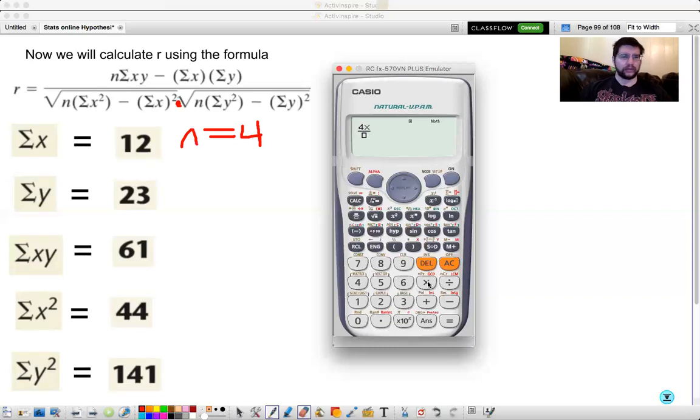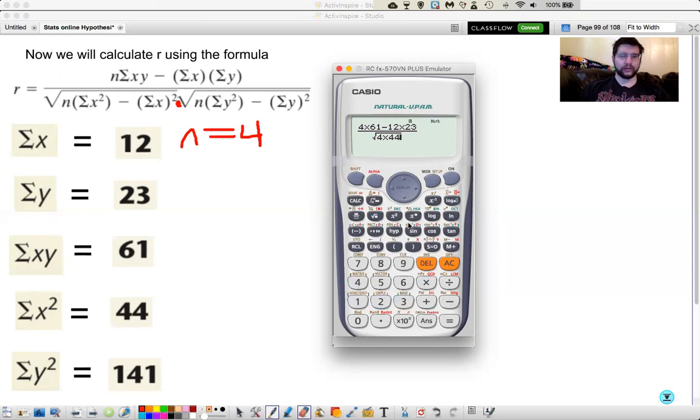4 times sum xy, which is 61, minus sum of x, which is 12, times sum of y, which is 23. Okay, let me go down. I got square root, 4 times sum of x squared, which is 44.